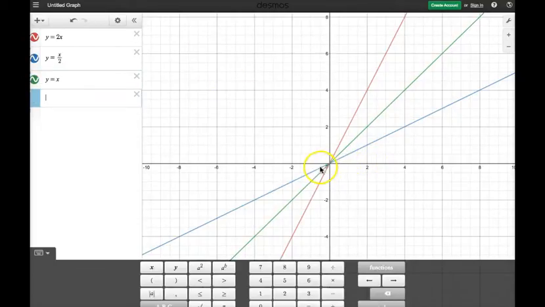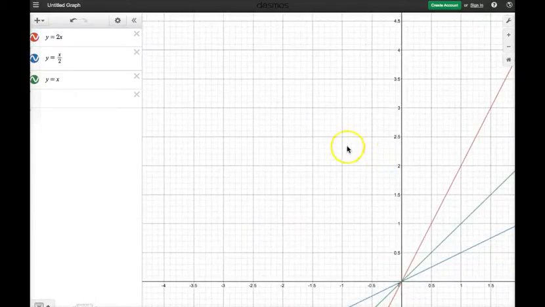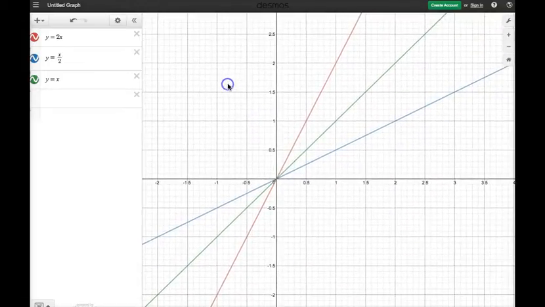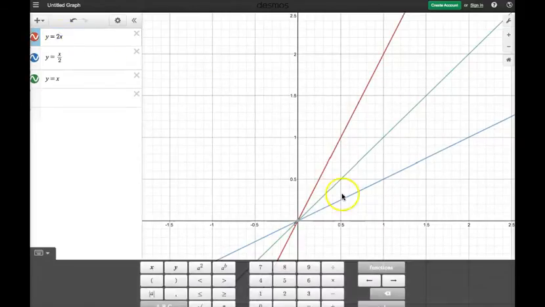Now, girls, let's look at some points on the red curve. Is that big enough? Do you want it bigger? I'll just click here and move it. I'm clicking on y equals 2x. The numbers need to be bigger.